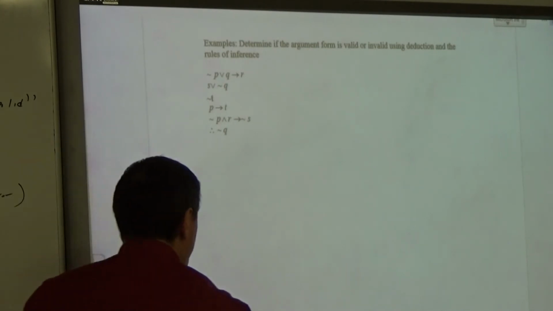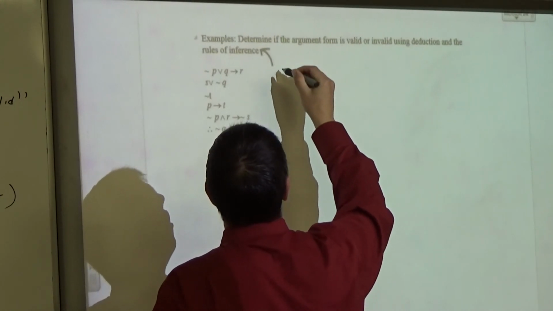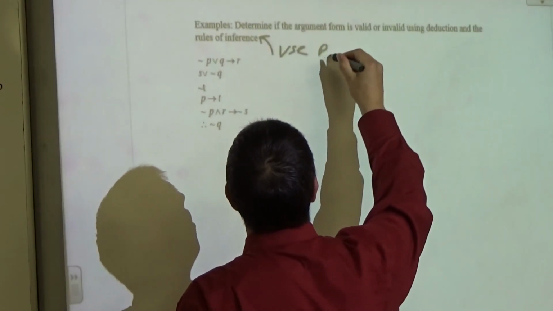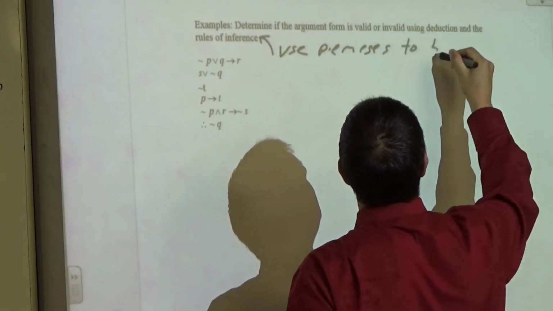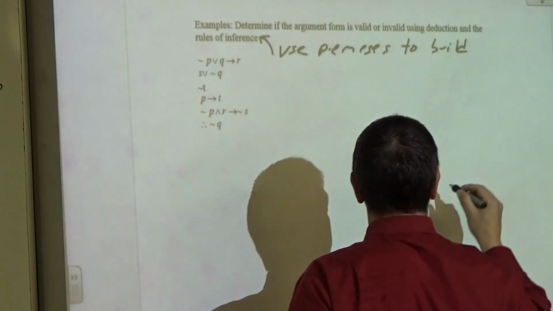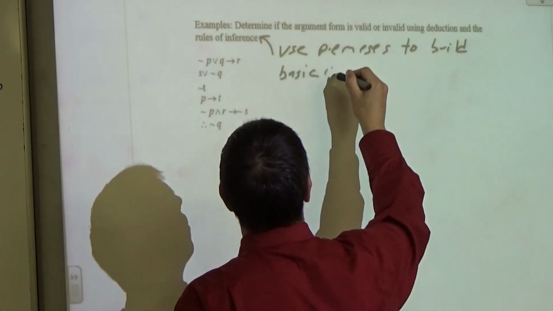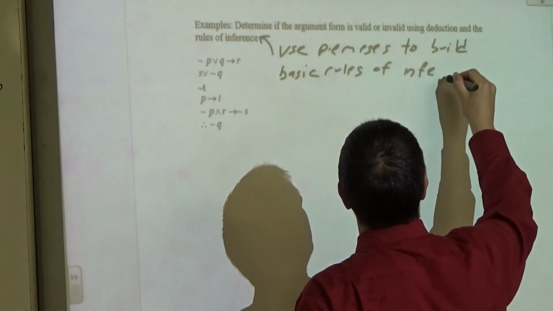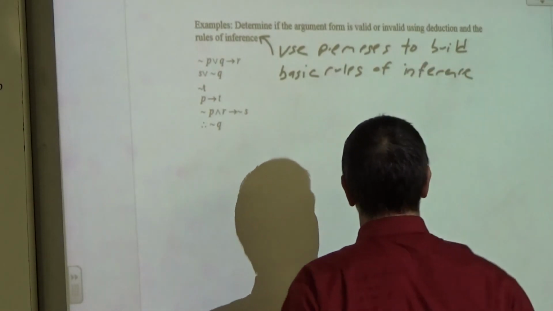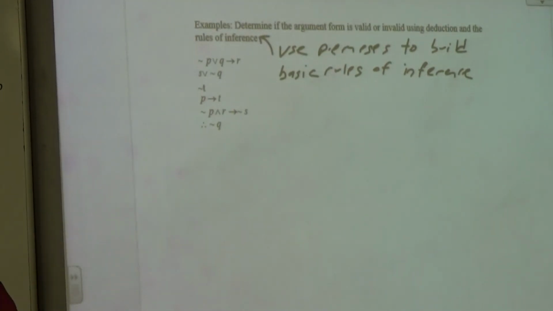So basically, the process is, you're going to use the premises to build the basic rules of inference. And remember, guys, the basic rules of inference are all valid.